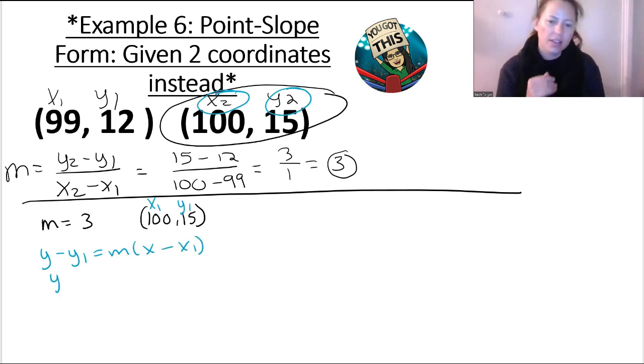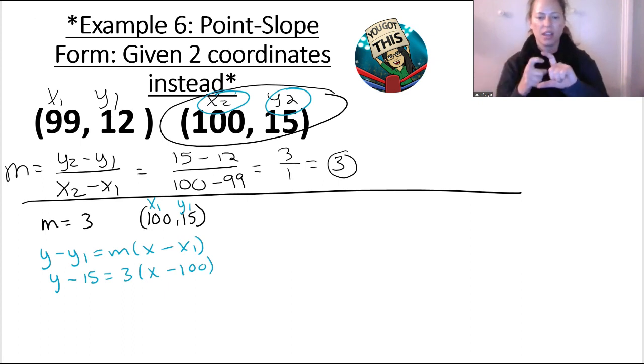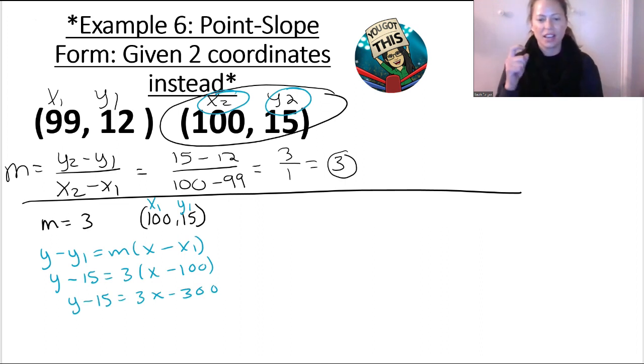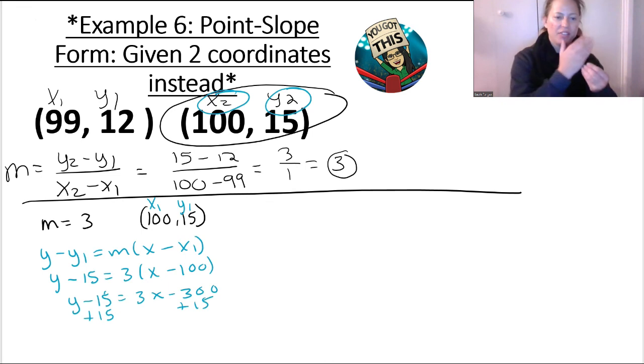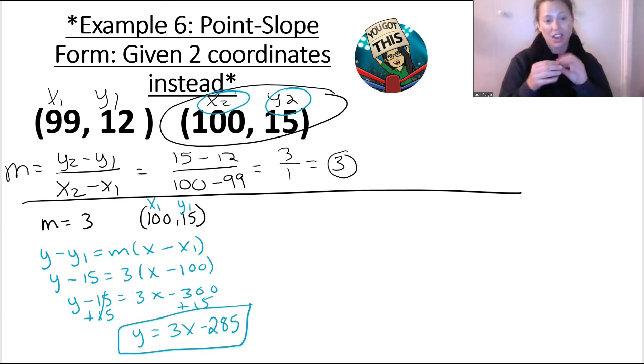Okay, y minus 15 equals 3 times x minus 100. Then I'm going to say y minus 15 equals 3x minus 300. Then I'm going to add 15 on both sides. So I'm going to say y equals 3x minus 285. And that is the equation of my line.